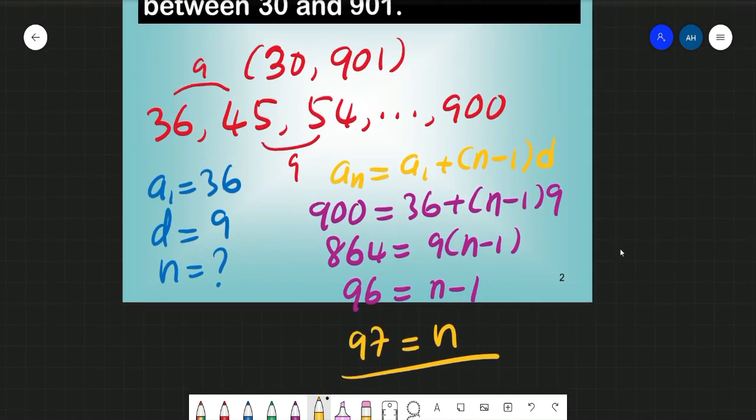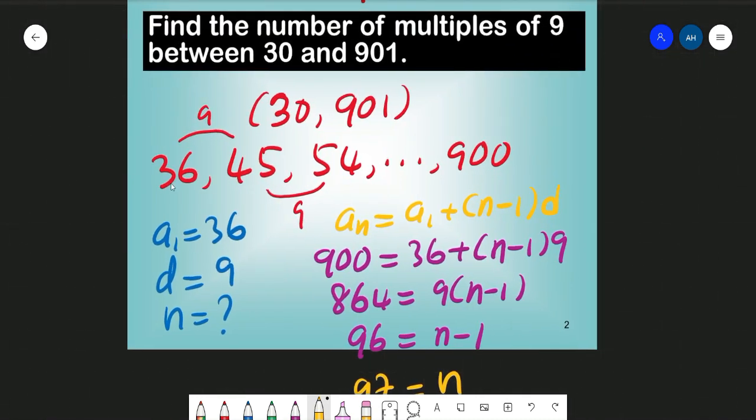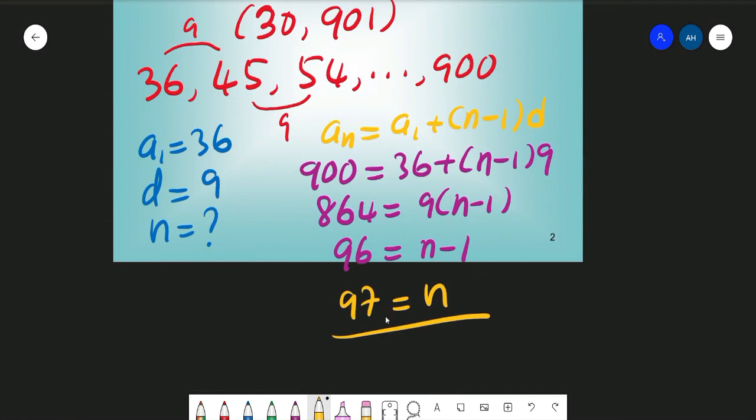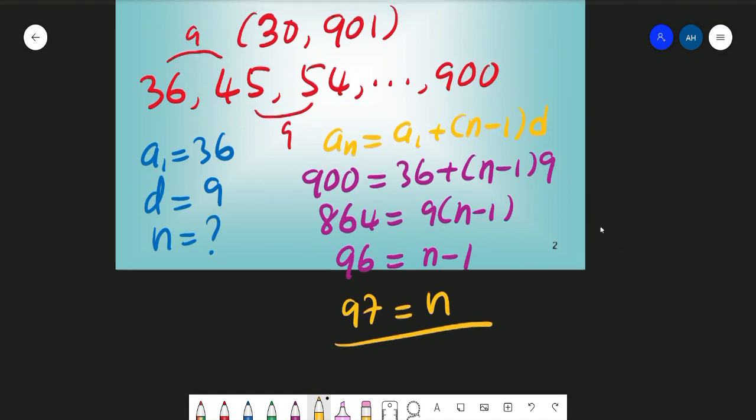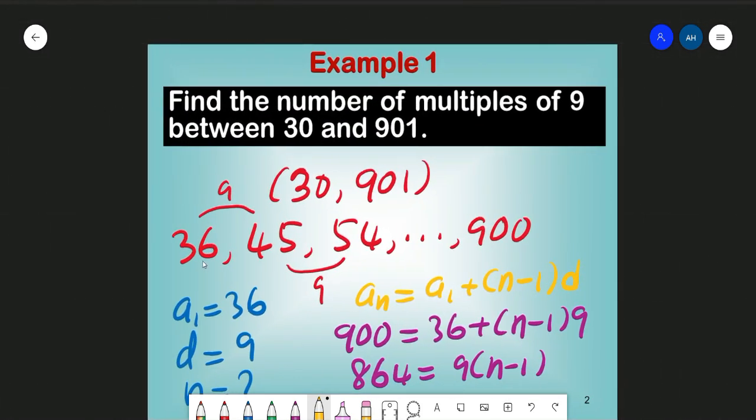What that means is, starting with 36 and ending at 900, the number of multiples of 9 in that interval is 97 terms. Altogether, we have 97 multiples of 9, starting from 36 and ending at 900.